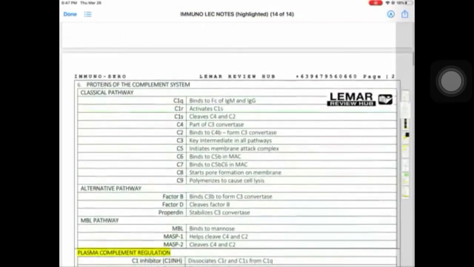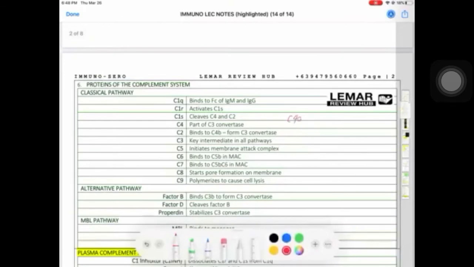Another, kung may papatandaan ako, huwag kakalimutan yung mga different complement components. C4a, C3a, and C5a.